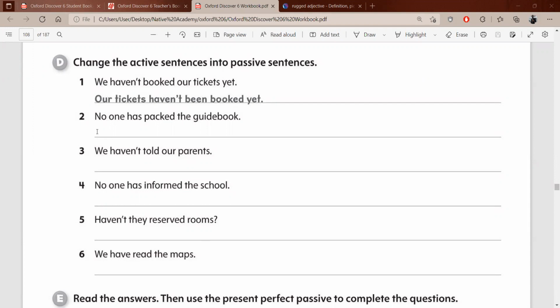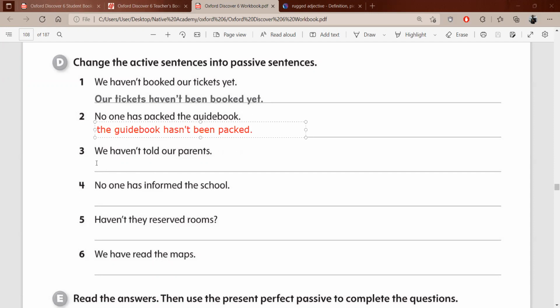The guidebook hasn't been packed by anyone. Hasn't been packed. It's okay to say by anyone, and it's okay to say just hasn't been packed.